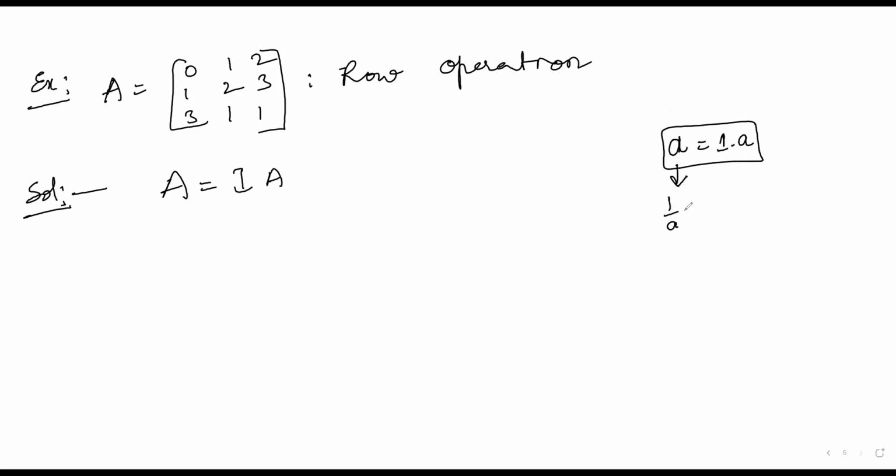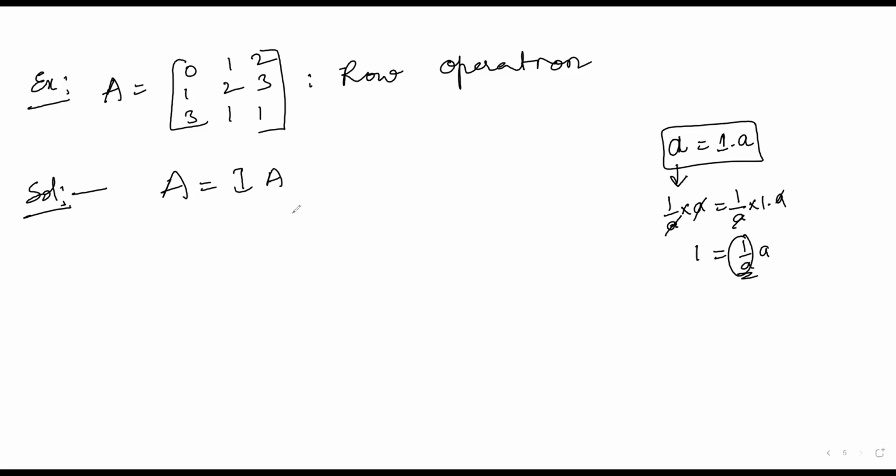How do you make it? 1 by A into A. This is 1 by A into 1 into A. So this gets cancelled like this. So 1 by A is what is the inverse.